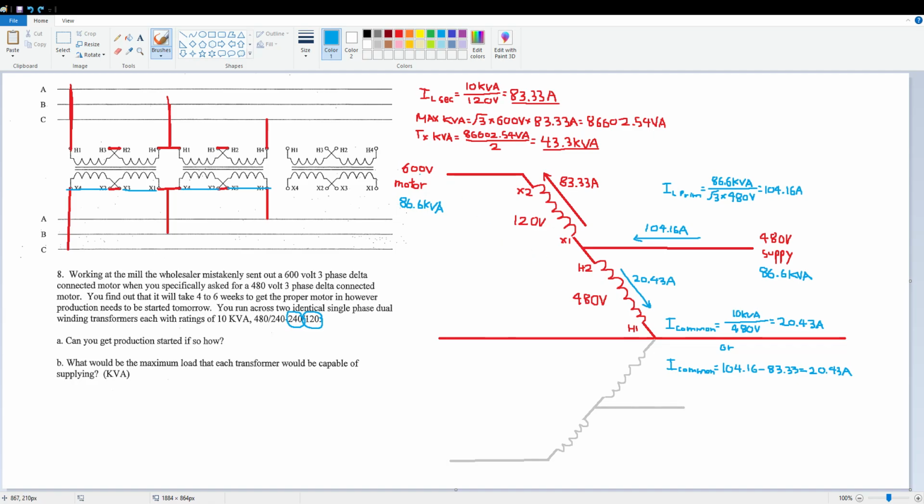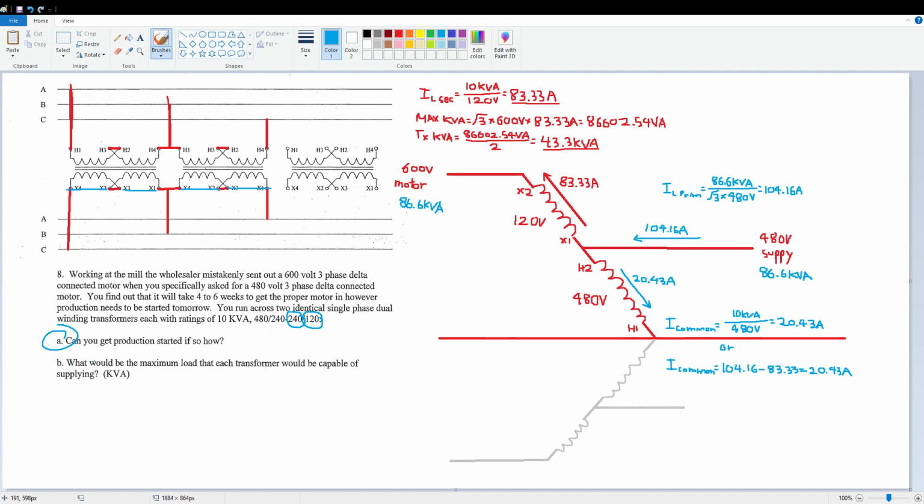So because this is X1, X2, this is the secondary. So the secondary has to be low voltage, which is in parallel. Primary has to be in high voltage, 480, so that is in series. Okay, so that basically answers this question.